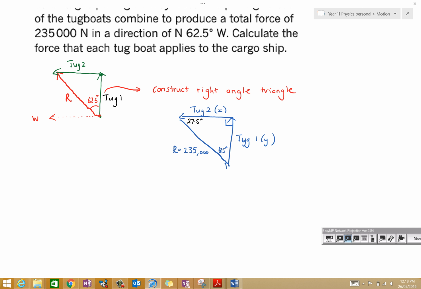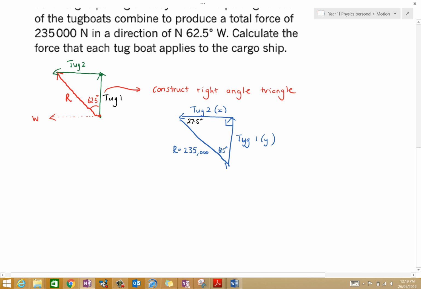Now, not that it's necessary, but given that this is a right angle triangle, the angle between south, north and west is going to be 90 degrees. Because a triangle's internal angles add to 180 degrees, there's also 27.5 degrees in there. Not that I needed that. I've called the magnitude of the force of tug 2 x, just for the time being.